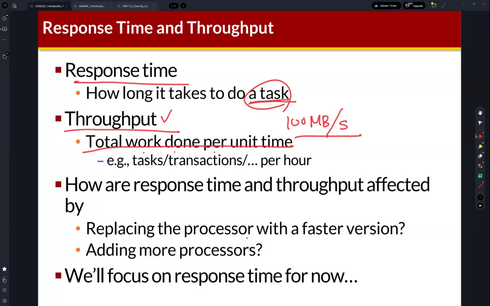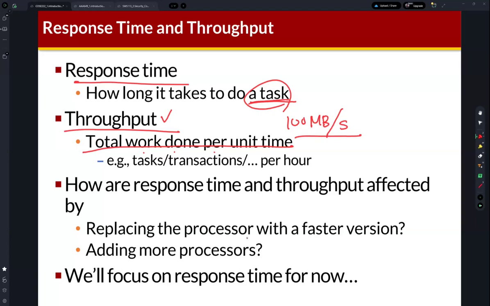If we just focus on the performance of a single task, we can use response time as the performance metric.